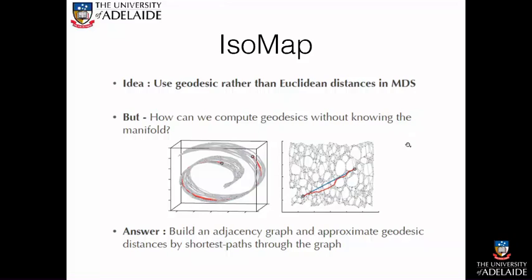We construct the neighborhood graph, and we calculate the shortest path through the graph. We find the nearest neighbors, and using the neighbors as stepping stones, we find the shortest path between these 2 points. Use that as the geodesic distance.